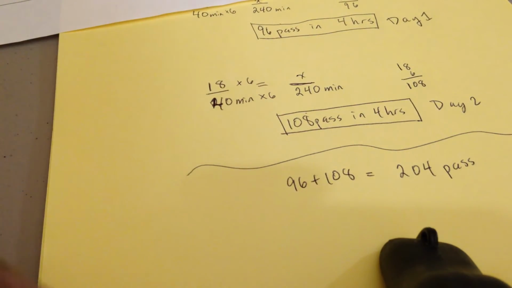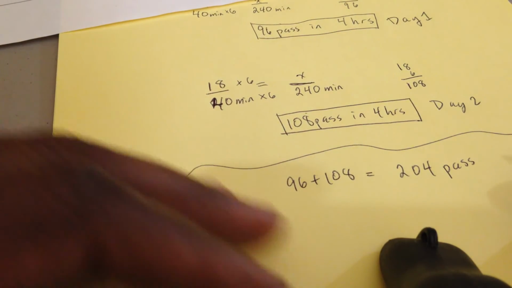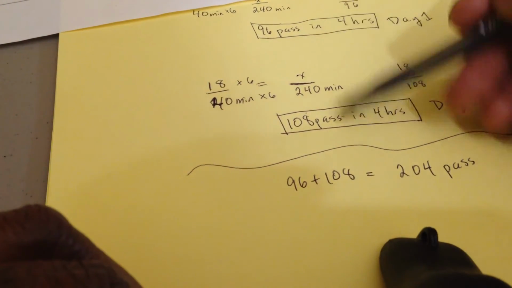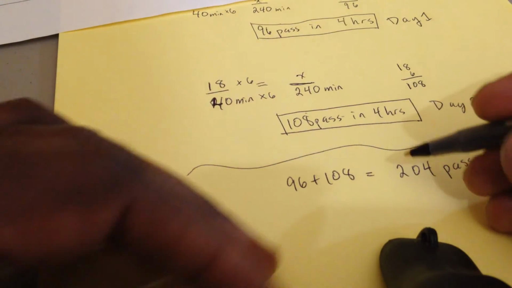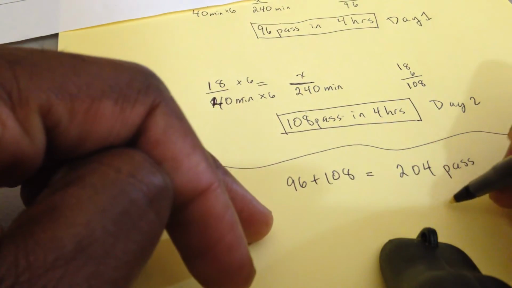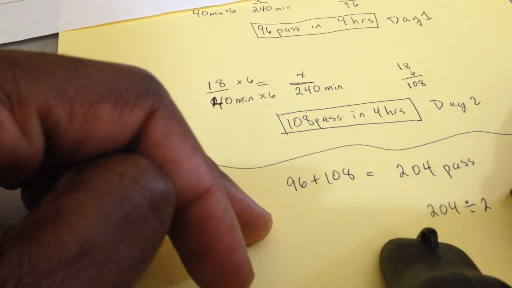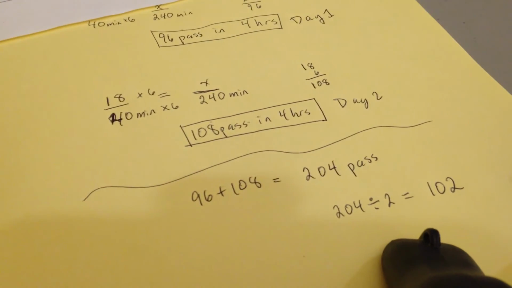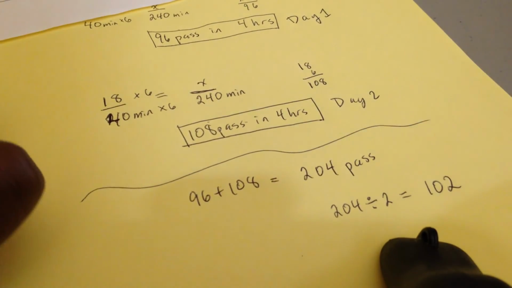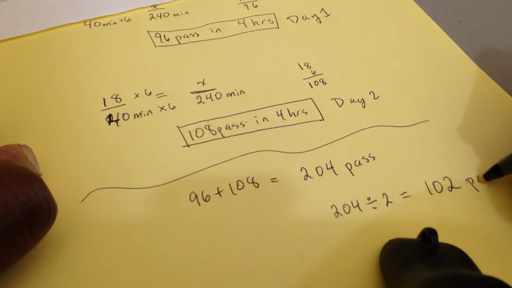Average is you take the numbers and divide by how many you have. So since we added 2 numbers, we're dividing by 2. So it's going to be 204 divided by 2, and that means it's going to come out to 102 passengers for the 2 days.